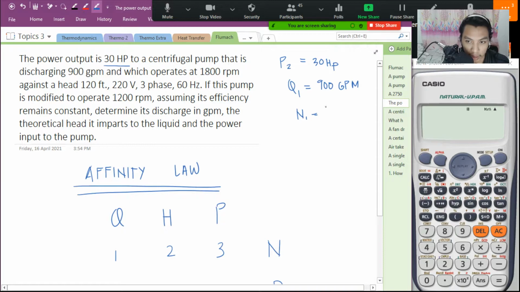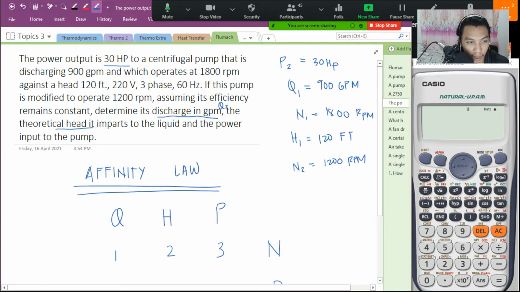N1 is 1,800 RPM. H1 is 120 feet. N2 is equal to 1,200 RPM. Is there anything else given? I think none. We can solve it now. What do we need to solve? The discharge in GPM at 1,200 RPM. What it's asking for is Q2.